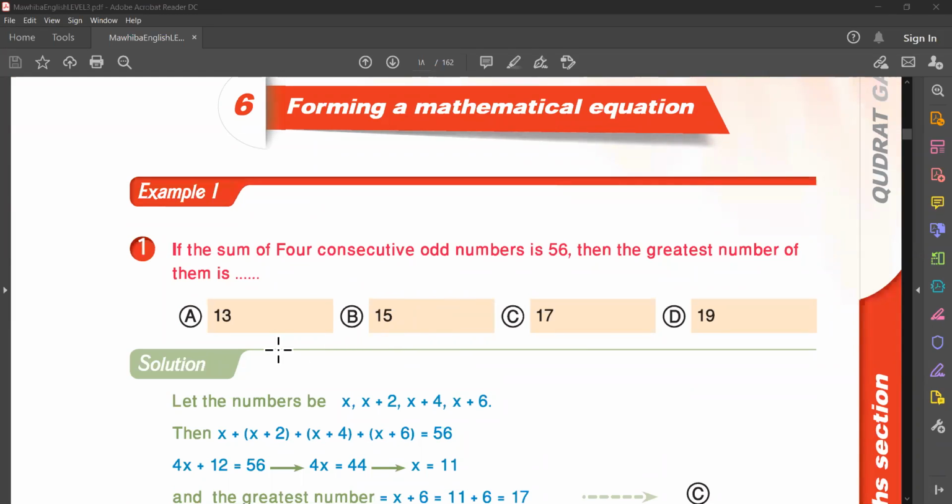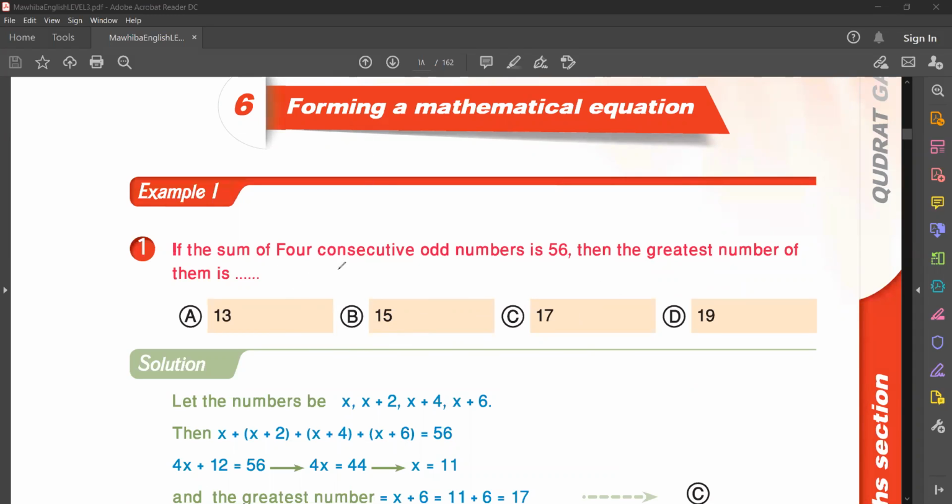Like example 1: if the sum of 4 consecutive odd numbers is 56, then the greatest number of them is what? Now he said the sum of 4 consecutive.